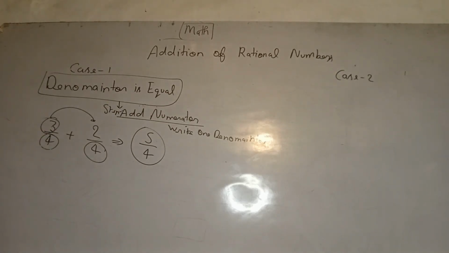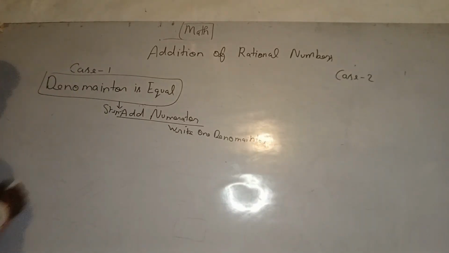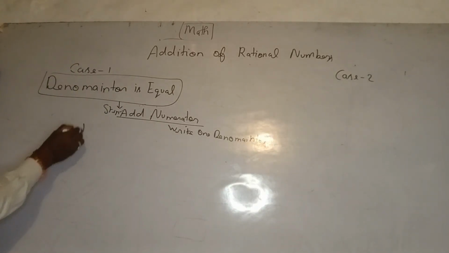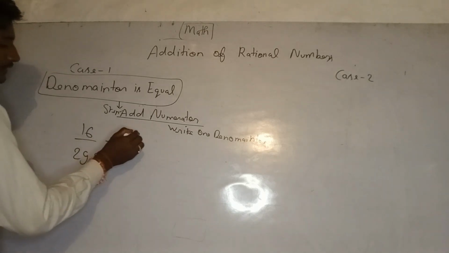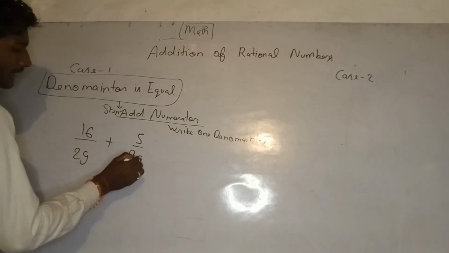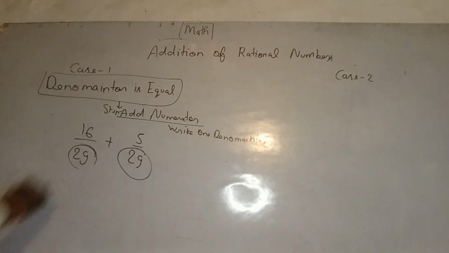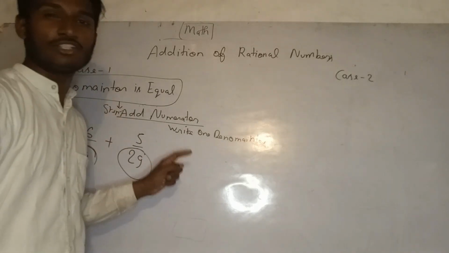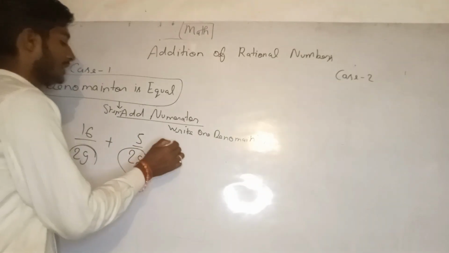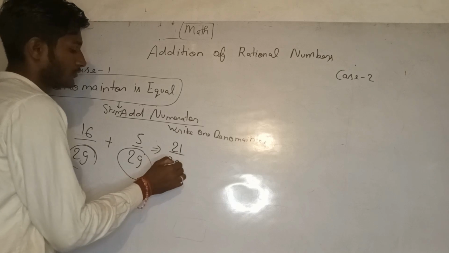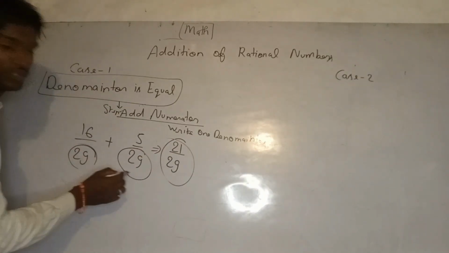Next, I give one more example. Suppose 16 upon 29 plus 5 upon 29. We can clearly say here that the denominator is equal. Then we can add 16 plus 5, 21. 21 upon 29, because we cannot add the denominators.